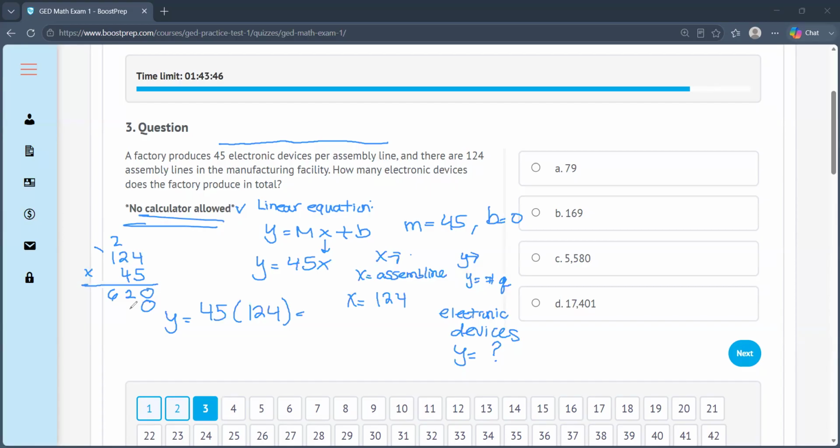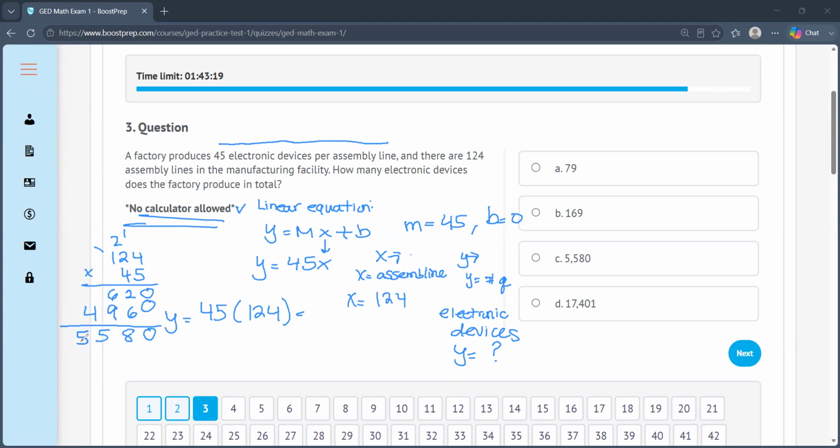And then what's 4 times 4? 16. Carry the 1. What's 4 times 2 plus 1? 4 times 2 is 8, plus 1 is 9. And then what's 4 times 1? 4. I'll add them up. So 0 plus 0, 6 plus 2 is 8, 9 plus 6 is 10, 11, 12, 13, 14, 15.